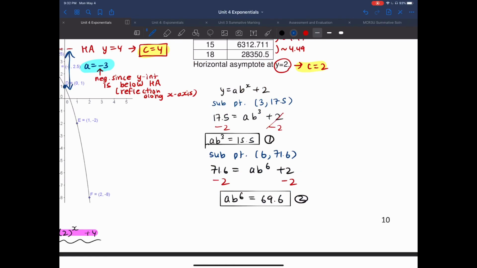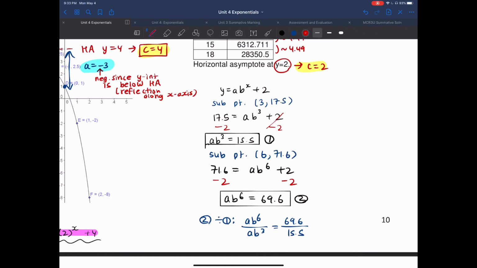Okay, so remember, you can use substitution or elimination to combine these equations and create a related equation, right? But when I have a monomial like this, it's going to be easiest if I divide these two equations and combine them that way. And so I'm going to get AB to the 6 divided by AB to the 3 is equal to 69.6 divided by 15.5.